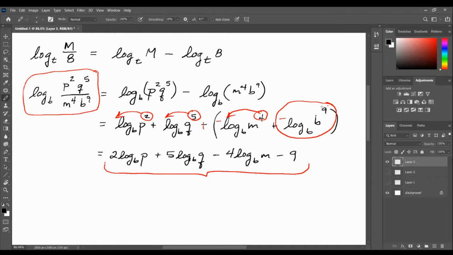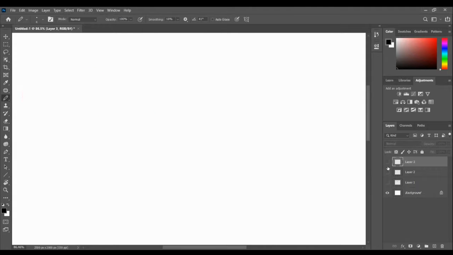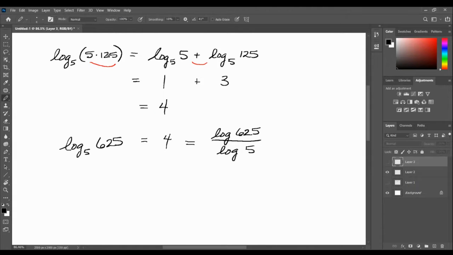Now I know this is kind of weird. Why would you want to split it up like this? I think a good example goes back to that very first problem we had. You bring that back up, where splitting this up into the sum of two logs made it so I could do the work in my head.